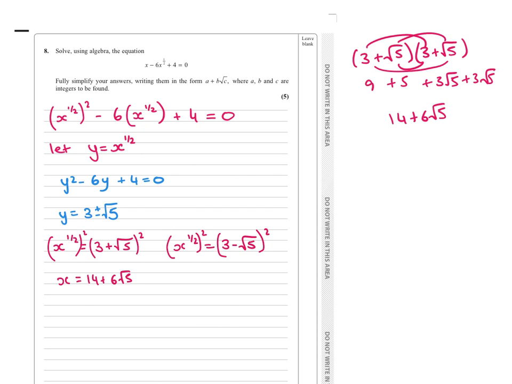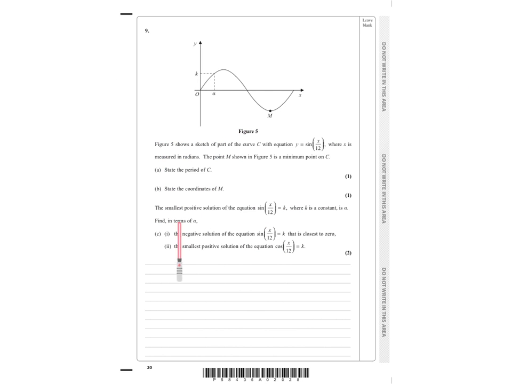And again, I know the other will be the same, apart from having a negative. So x equals 14 minus 6 root 5. And there we go, we've solved it. We did use a calculator for this, but you can see all the step-by-steps.